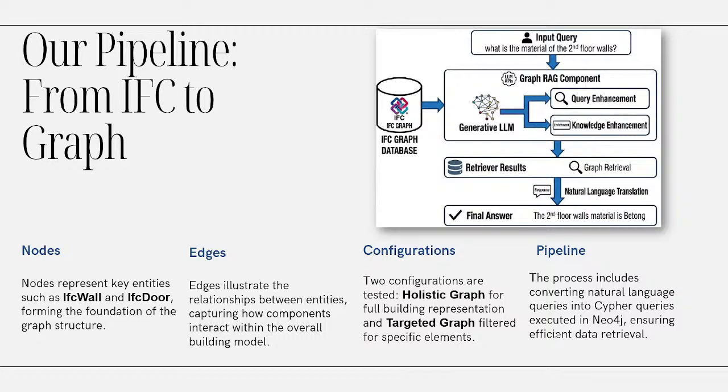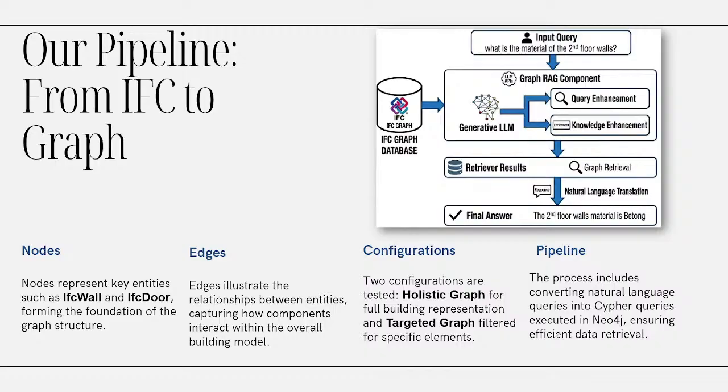I will not get into the complications of the backend, but basically what we do in the graph RAG is that we have the graph database of the IFC building, and then we have two enhancements for the LLM. The first one is what we call query enhancement, where we change the natural language input into something called a Cypher query, which is a language known by a platform called Neo4j, where we use the graph RAG technique.